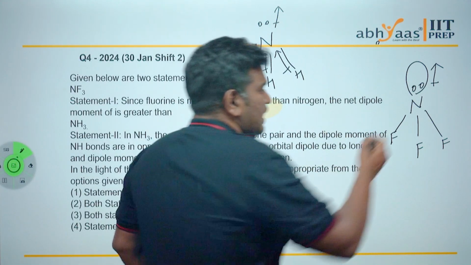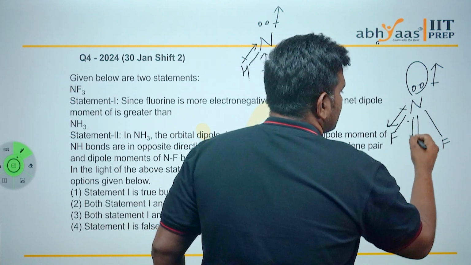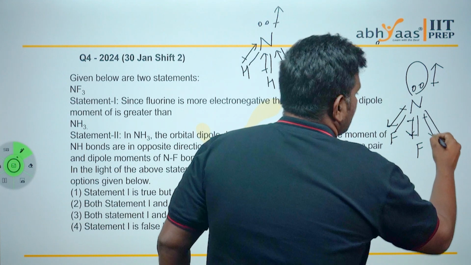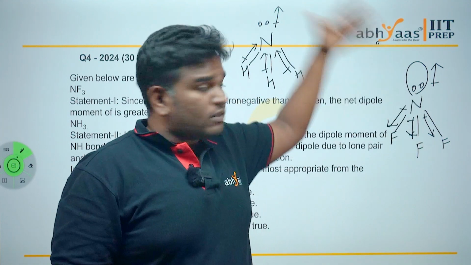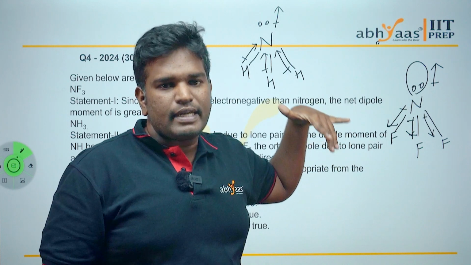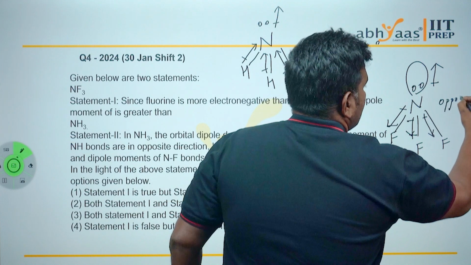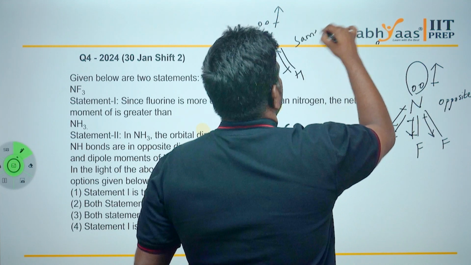So we can see that the dipole moment will be in such a manner. Here the lone pair will be pulling the electrons upward and the dipole moment of the fluorine will be downward, right? So here we have opposite direction and in NH3 we have the same direction.